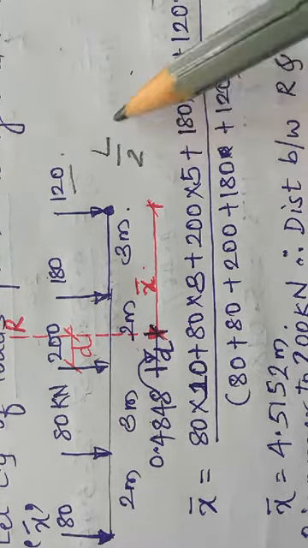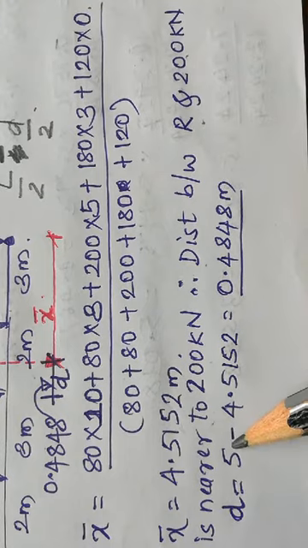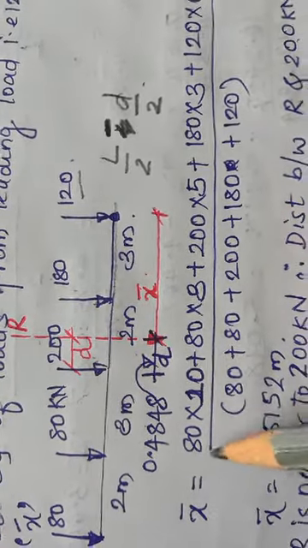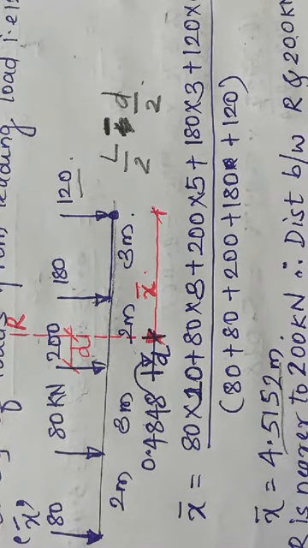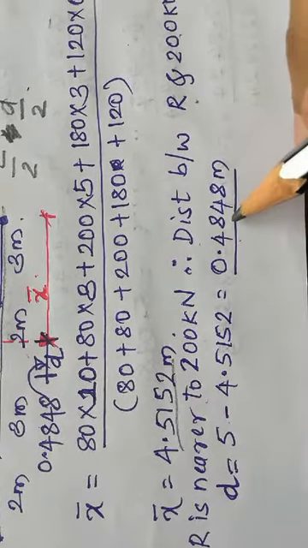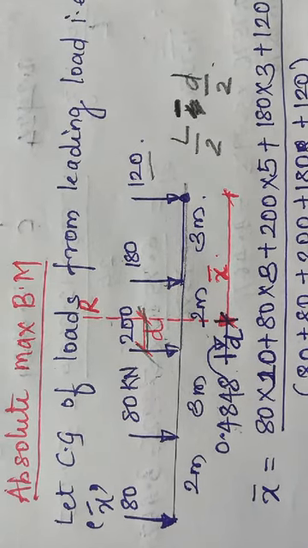So x bar we calculated. R is nearer to 200, therefore the distance between the resultant and the heavier load is 5 minus 4.5152. So the answer is 0.4848. So the distance between the resultant and the heavier load is 0.48.